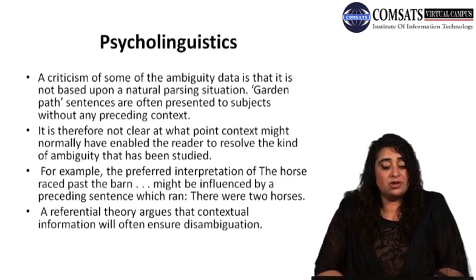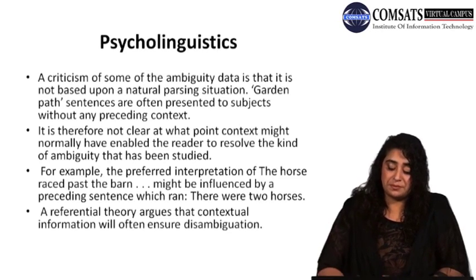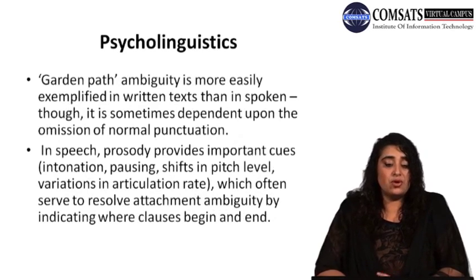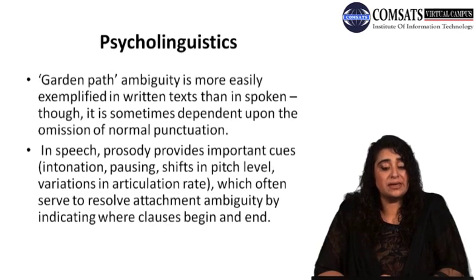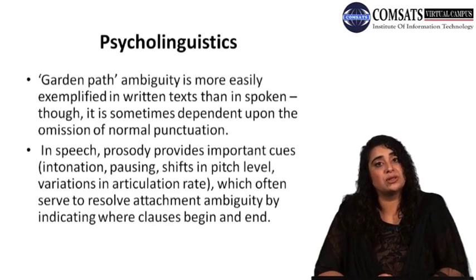A referential theory argues that contextual information will often ensure disambiguation. Garden path ambiguity is more easily exemplified in written text than in spoken, though it is sometimes dependent upon the omission of normal punctuation.